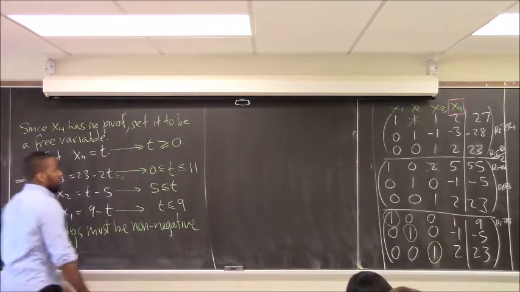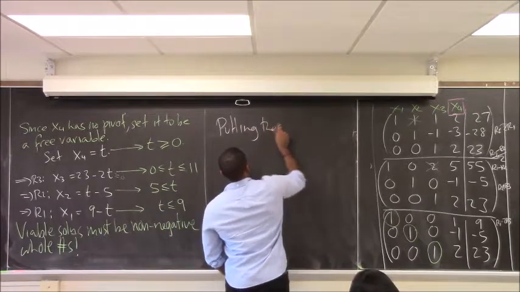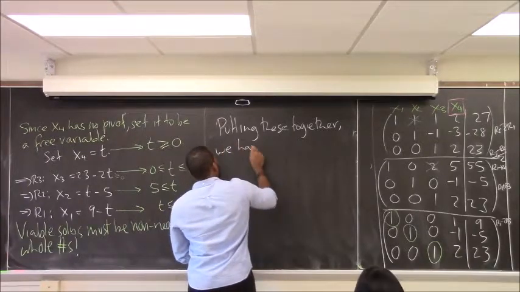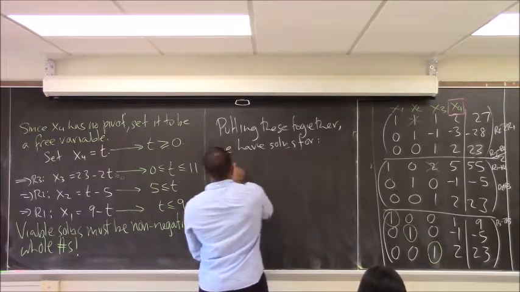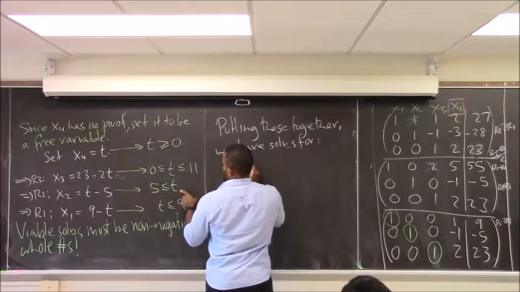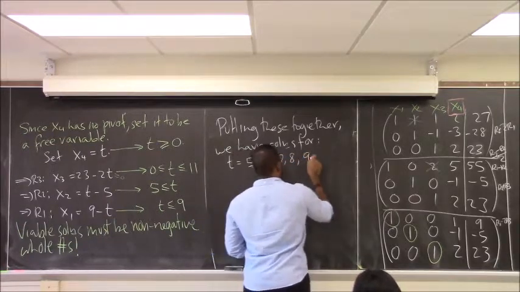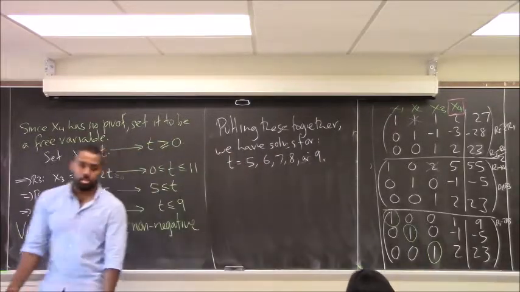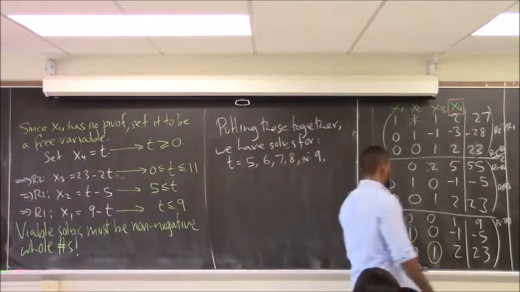So now, putting these together, we have solutions for, well, your t has to be as low as 5, 6, 7, 8, or 9. So there's actually only 5 applicable solutions here. All right, so there are 5 possible situations that could fulfill the farmer's needs.